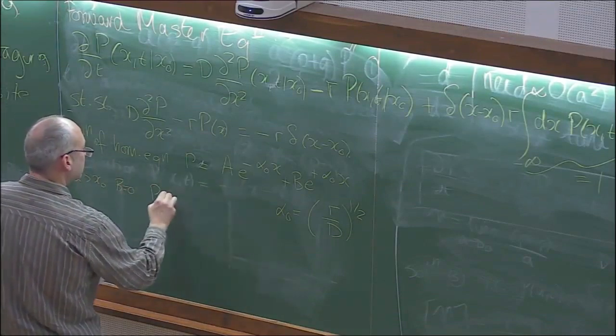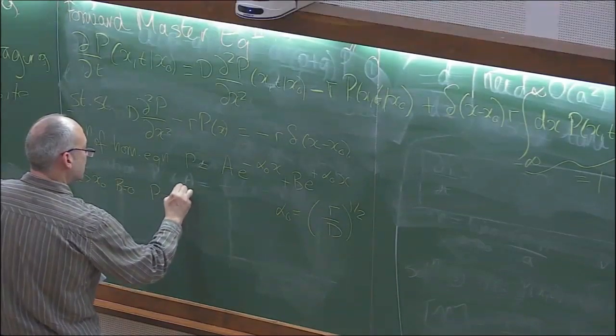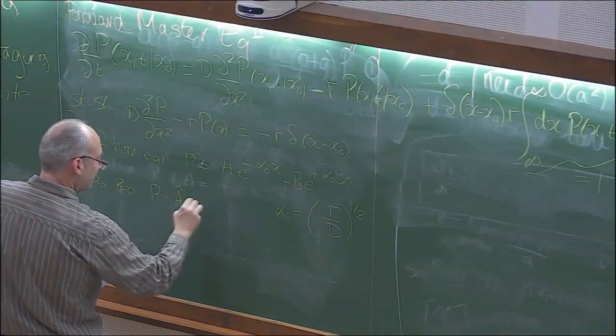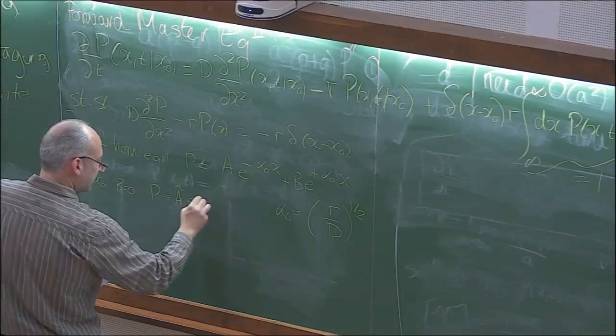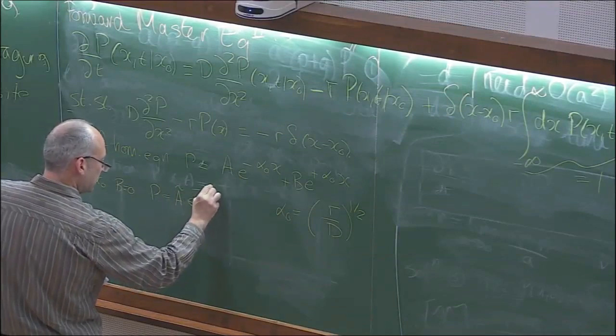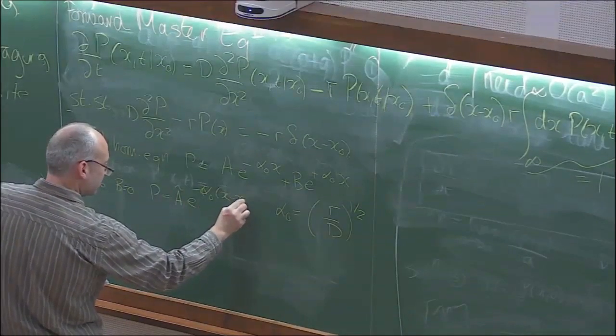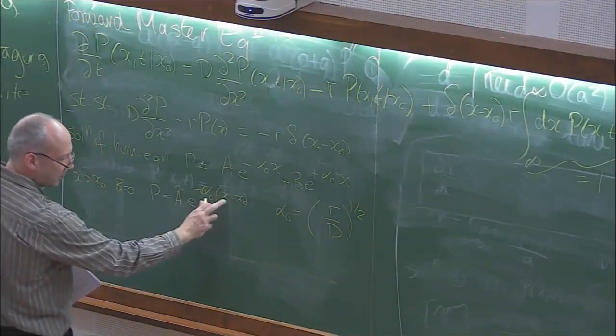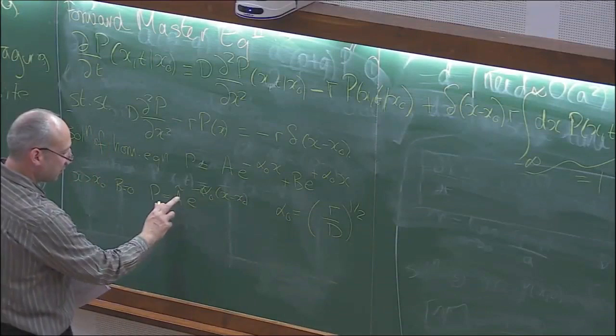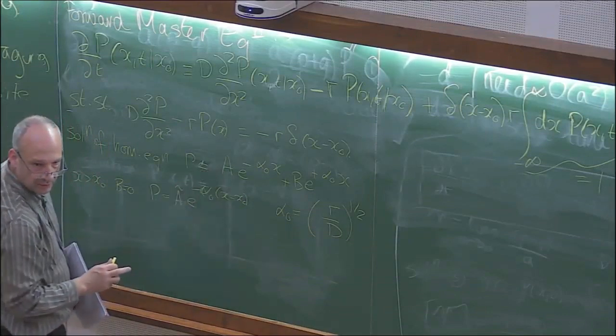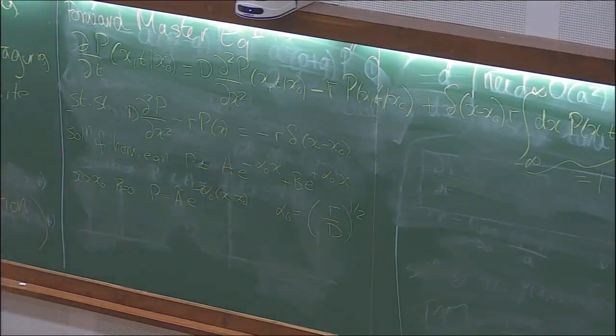Let me just fiddle around a little bit with this constant. Let me call it a tilde, and I'll write this as e to the minus alpha naught (x minus x naught). So I've actually put in an e to the alpha naught x naught, which is a constant. That's why this a tilde is a different constant from that one. I've just been a little bit slick there, just to make life easier.